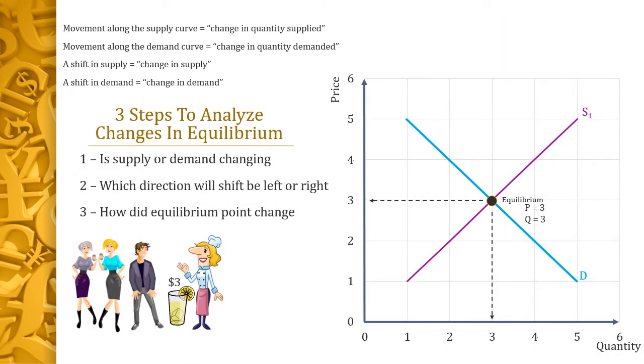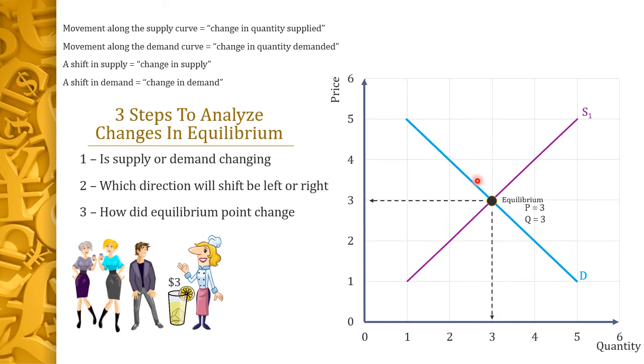Now, one of the things that I think students sometimes pass over is some slight changes in words. And these words are really important. So notice up here on the top that I have written a little cue for you. Basically, if there's a movement along a supply curve, so movement along here, we're going to say that's a change in quantity supplied. And that's what we just said last time. There was a change in quantity supplied.